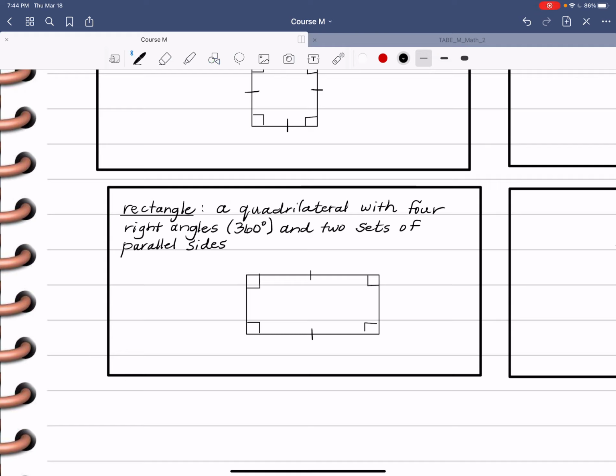So here's, in other words, this segment is parallel to this segment, and this segment is parallel to this segment. So without a highlighter, I would use those tick marks to show equality, and that is a rectangle.